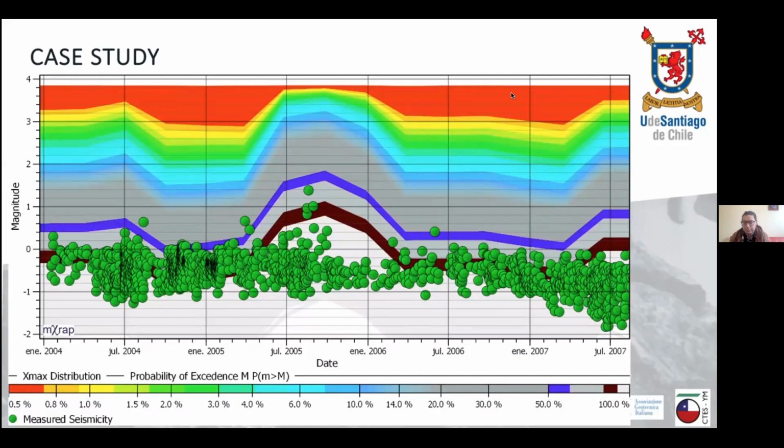We can see that in these zones where we have a higher probability of larger events, we actually have some larger events. And in the other time windows with lower magnitude, we actually have lower magnitude events. So again, I think this is very useful because it allows you to quantify, based on modeling, the probability of having an event higher than a certain magnitude.